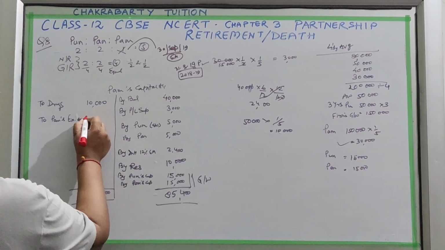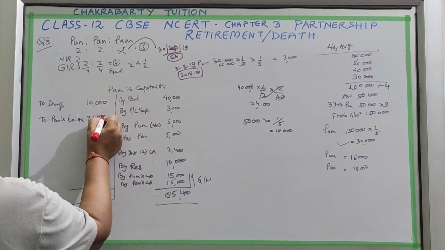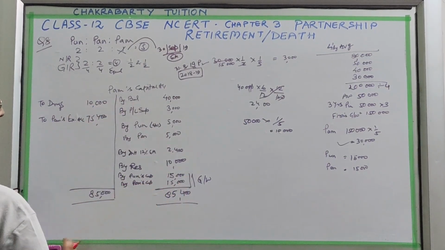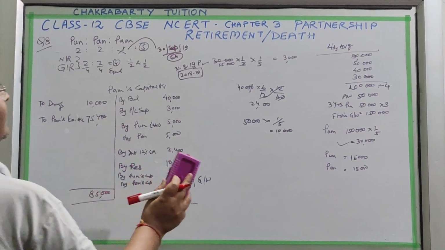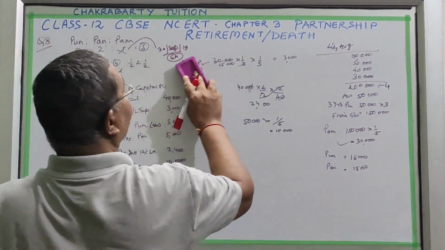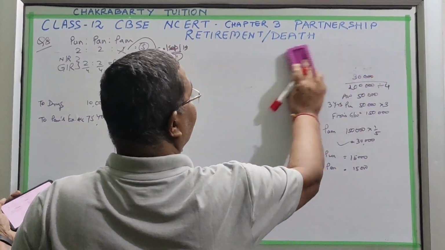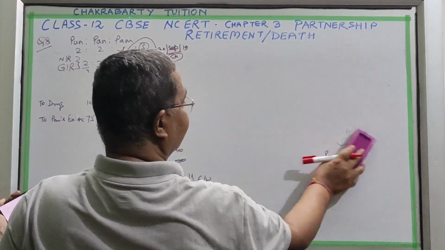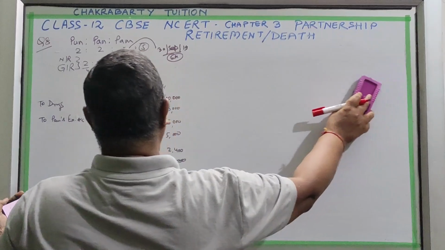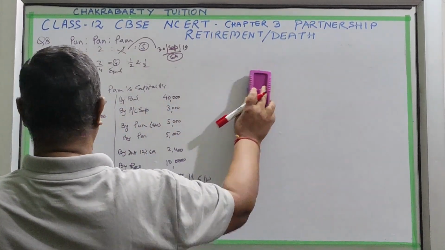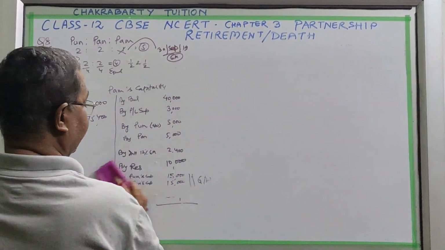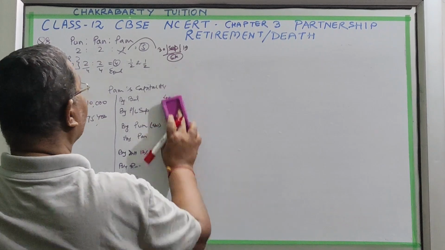Nothing payment we can show here, only the balance transferred to executor's account. Now how will the executors get the amount? We are going to make the executor's account here. As per the question, he is to be paid in annual installments. So the answer is 75,400, and we will start with that.